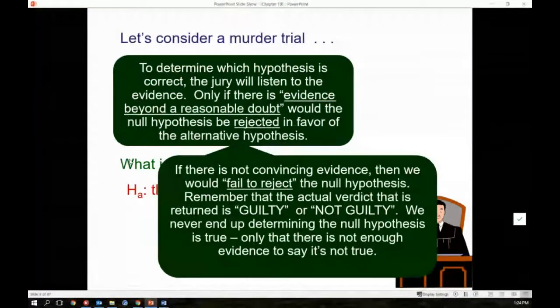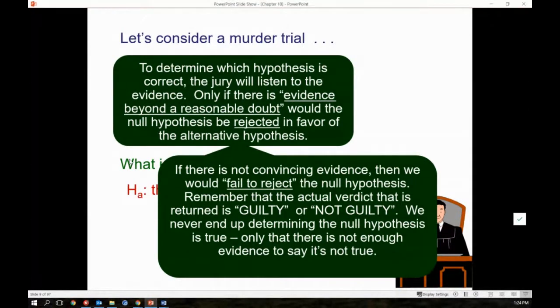If there's not convincing evidence, then we would fail to reject the null hypothesis. Now, remember that the actual verdict that's returned is guilty or not guilty. We never end up determining the null hypothesis is true, only that there's not enough evidence to say it's not true.